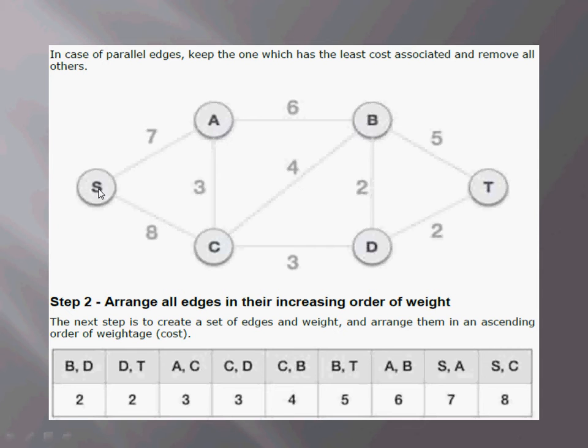So yes, A, C, D 3, B and then T. C is very high, 5, so we just discard. So 7, 3, 3, 2 and 2, 4, 7 and 10, 17, just 17 cost.